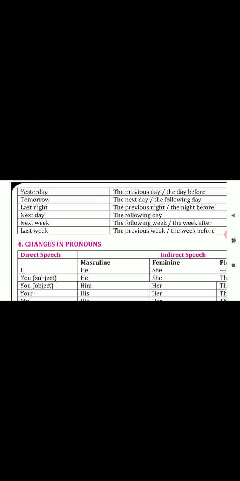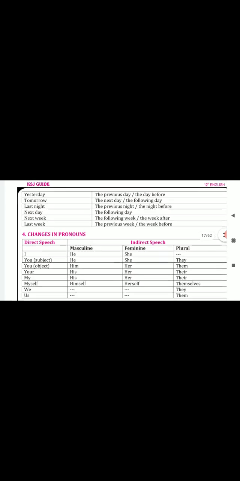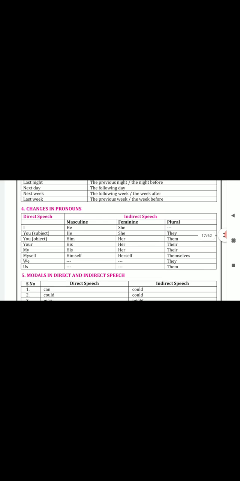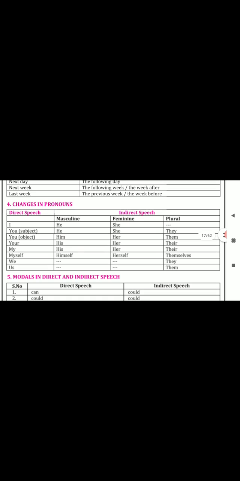Then let's learn the changes of pronouns, especially in the reported part. So look at the subject I. If it indicates masculine gender, it becomes he.